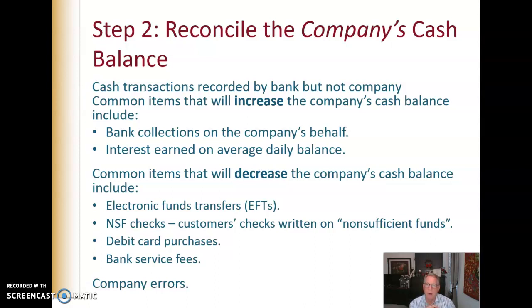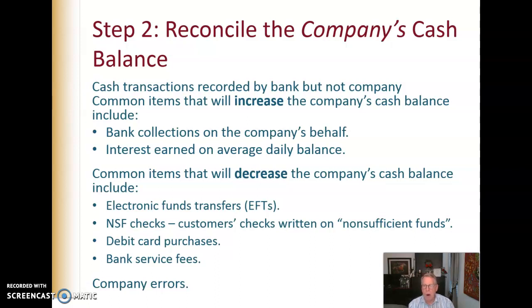But we also may have done some electronic funds transfer that we haven't accounted for. That's going to decrease the company's cash balance. We might find out about a not sufficient funds check on a customer. We might have some debit card purchases from perhaps our maintenance staff, where we give them a debit card to run down to the local hardware store and buy things for the plant.